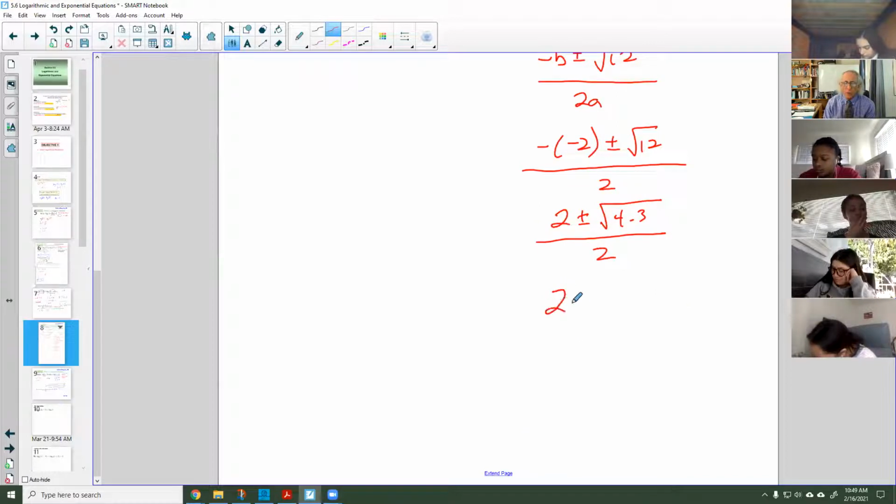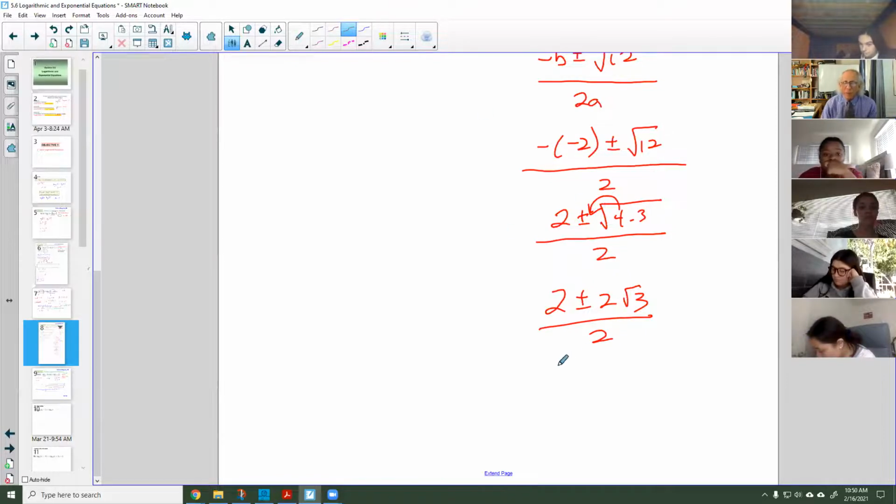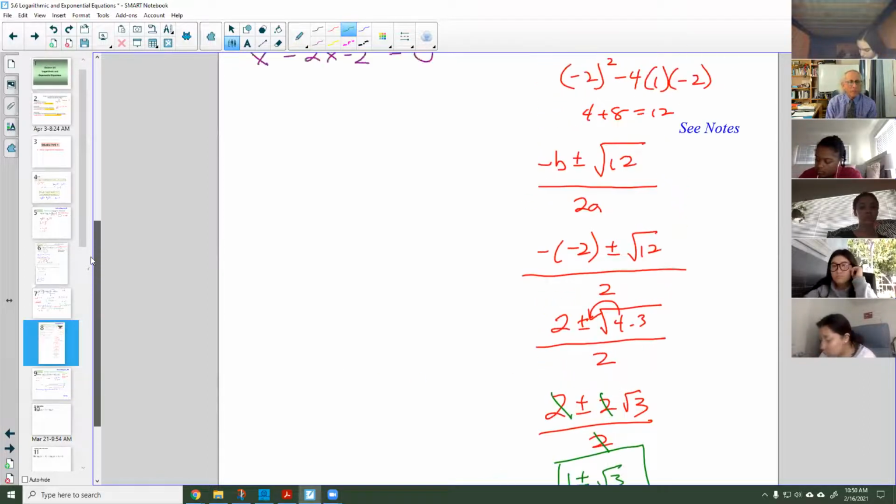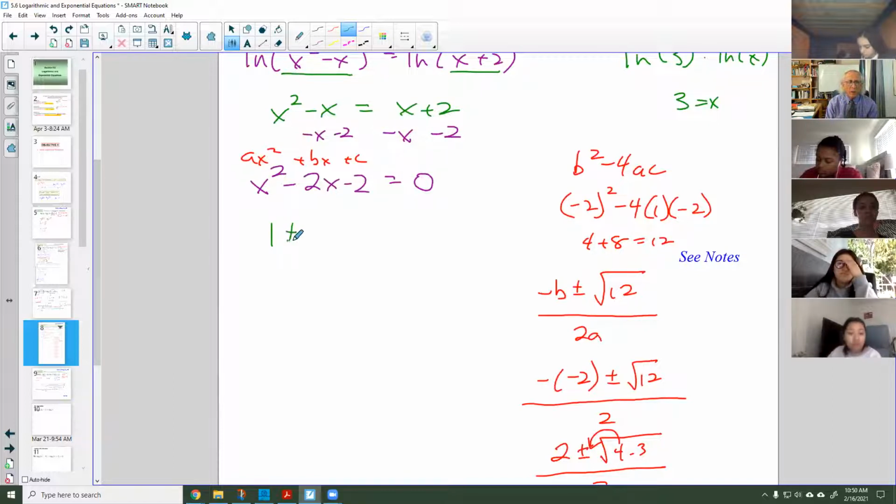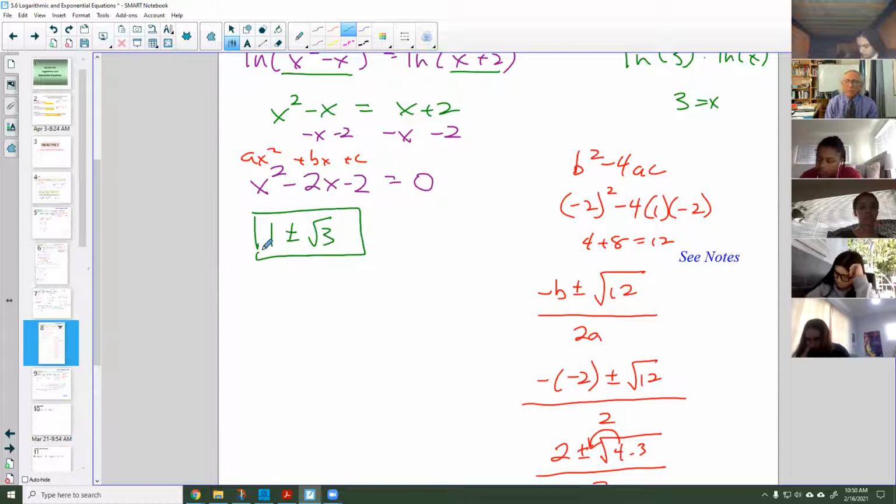So I have 2 plus or minus, I can take a 2 out of here: 2 square root of 3 over 2. And so I can have a cancel party because I can invite both terms in my numerator to the cancel party. So I can divide by 2, 2, and 2. So I get 1 plus or minus the square root of 3 as my answer for this. That is my answer to this. Is everybody okay with that?